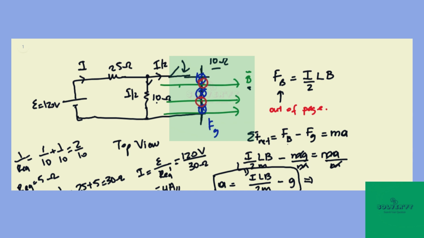Now going back to this equation, the acceleration is going to be 4 times the length of this bar, which is 0.85, as given to us. And then the magnitude of the magnetic field is given to us as 1.6 teslas. We divide this by 2 times the mass.